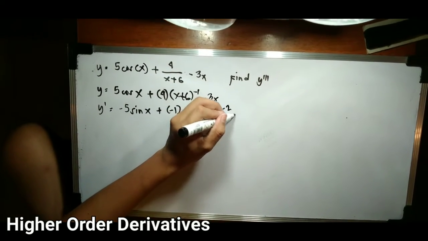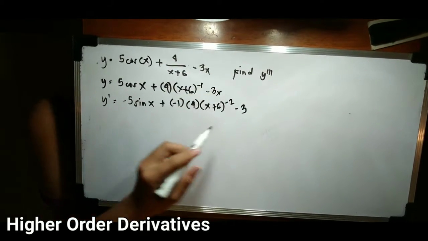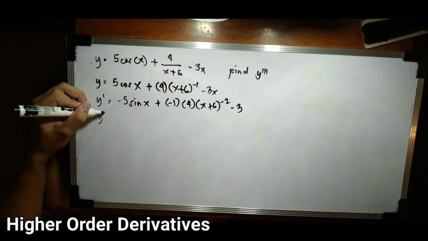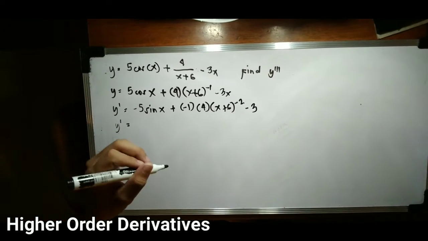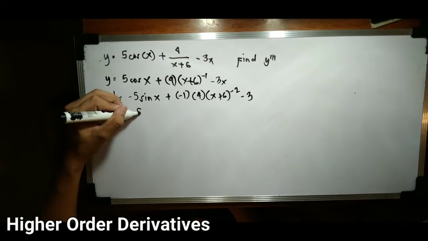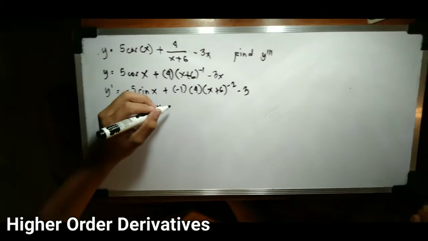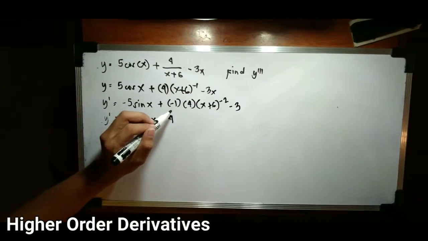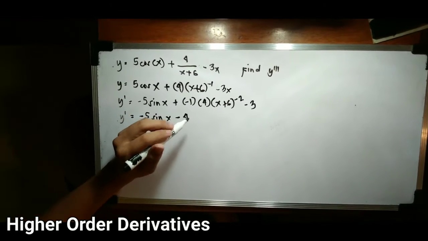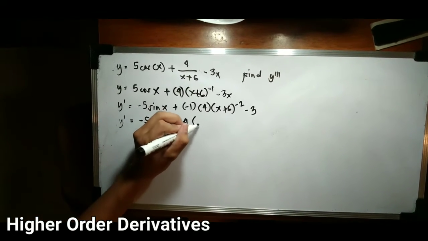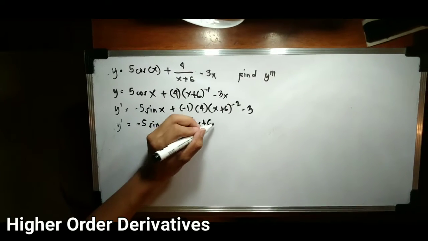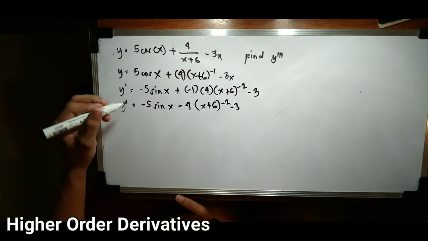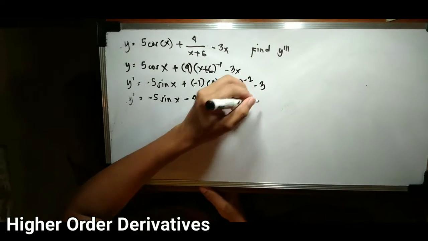Then subtract by 3. So the derivative of 3x is simply 3. So we can now simplify. So negative 5 sine x minus 4. If we multiply negative 1 and 4, it will result to negative 4. Then we will multiply x plus 6 raised to negative 2, minus 3. So this is now our first derivative.